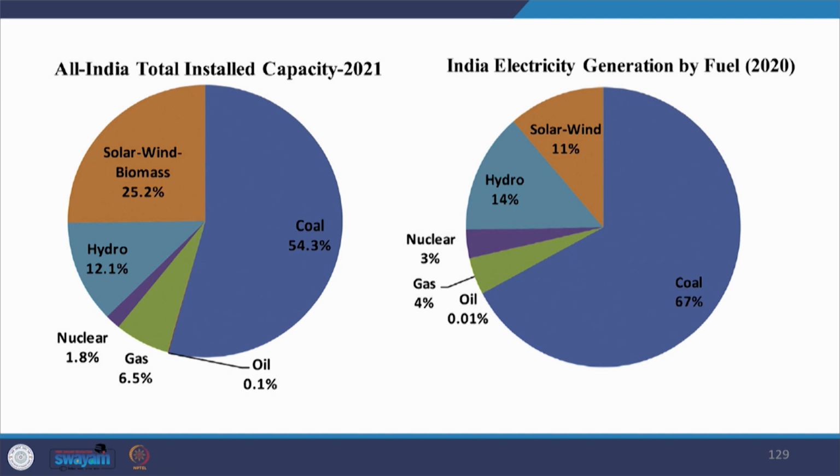The reason being, sources like solar and wind are available only during the daytime, and during the peaking hours we would have to shift towards sources of energy which are much more flexible, like coal, oil or natural gas. So, we assume that the electricity is produced by the mix shown in this figure. That is the assumption that has been taken, which is quite different from the assumption that we took in the earlier case. Can we go back to the whiteboard?